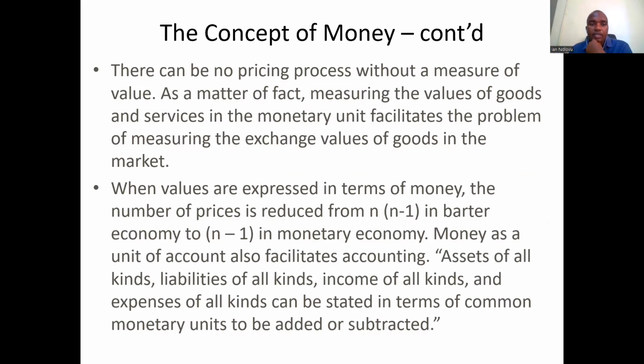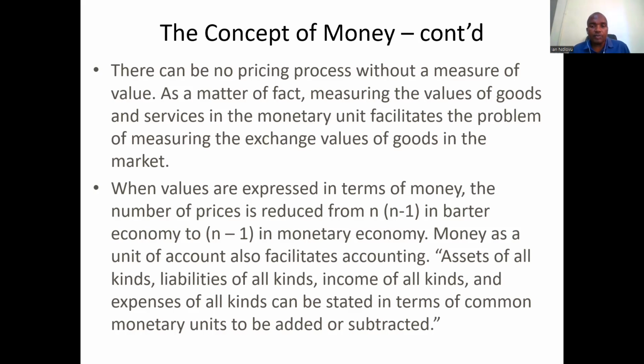There can be no pricing which can take place in any modern economy or even in a non-modern economy without the use of money. If it is barter trade, it's difficult to come up with a universally agreed system of valuing things.